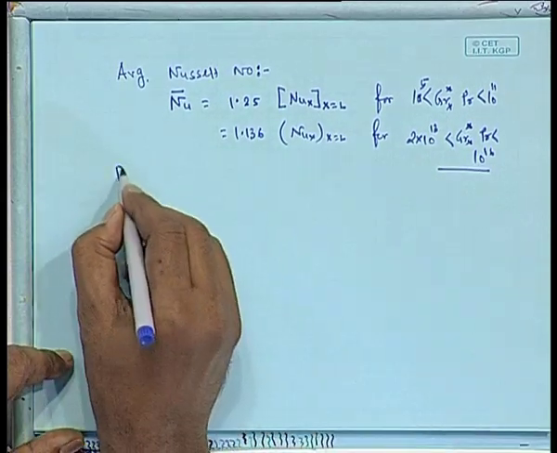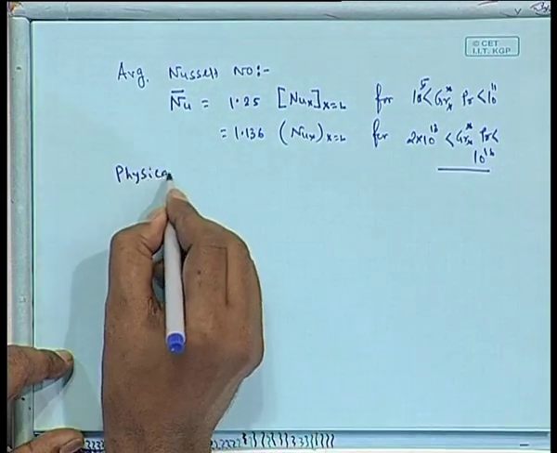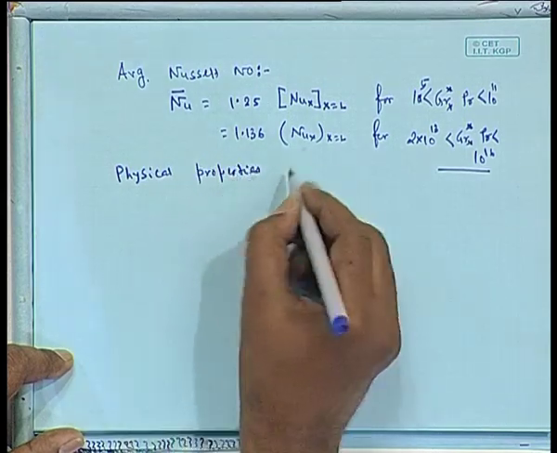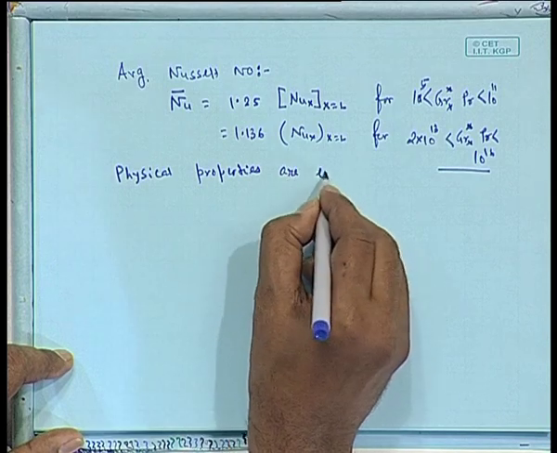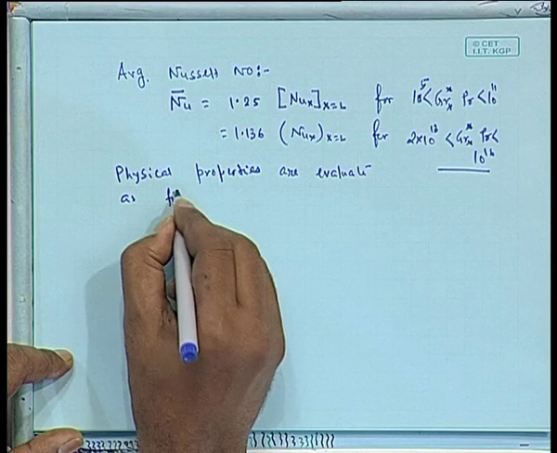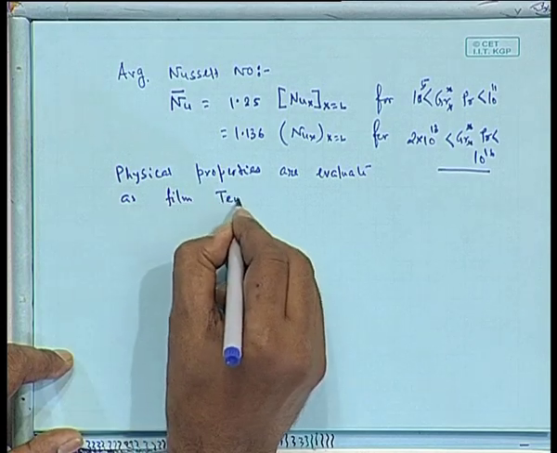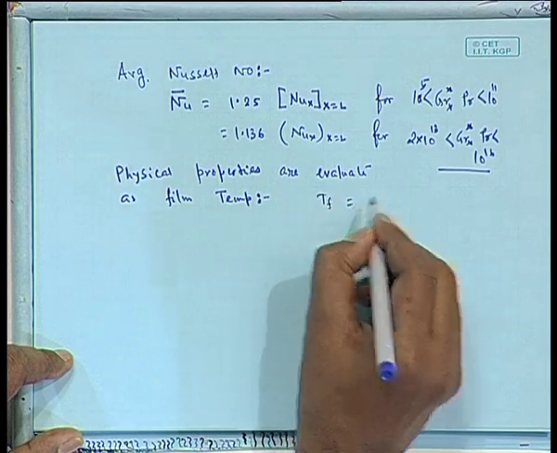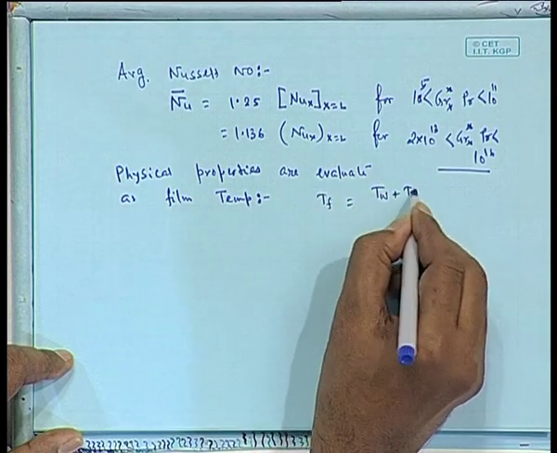Now, physical properties are evaluated at film temperature. Where T_F equals T wall plus T infinity by 2.